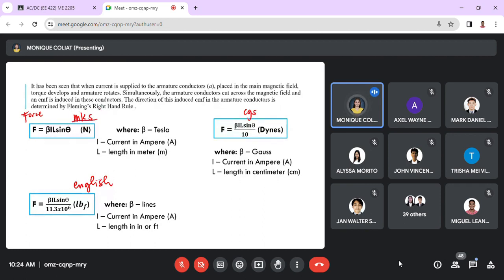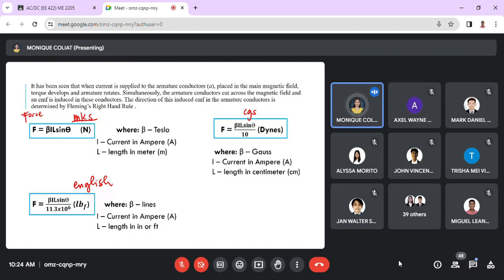Then in CGS, we have F = BIL sine theta over 10, and that is in terms of dynes, wherein your flux density is in Gauss, current is in ampere, length is in centimeter. Okay.